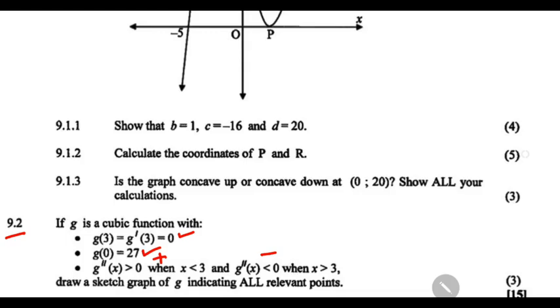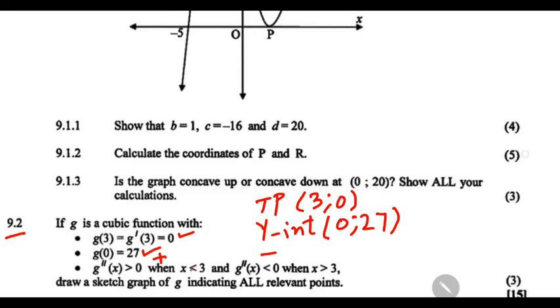Must remember, we have the turning point and also x-intercept, that's going to be x value 3 and y value 0. And then we have the y-intercept, x is 0, y value 27. The second derivative will be positive when x is less than 3, and negative when x is greater than 3.